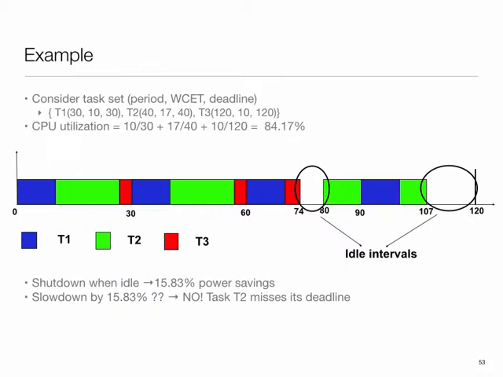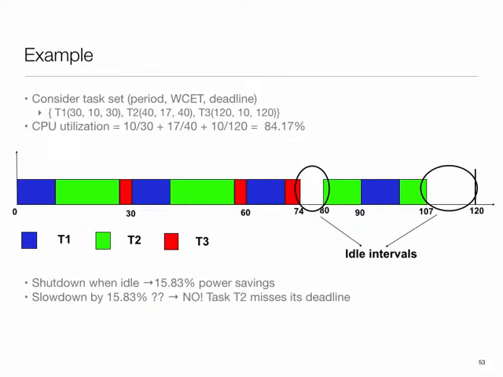Of course, I have to make sure that my wake up is pretty rapid, but let's say somehow I'm able to do it. Maybe I can do it because I learned when the tasks are arriving, and therefore I can pre-wake up. So in this case, 15.83% power savings can be done if I were to shut down.